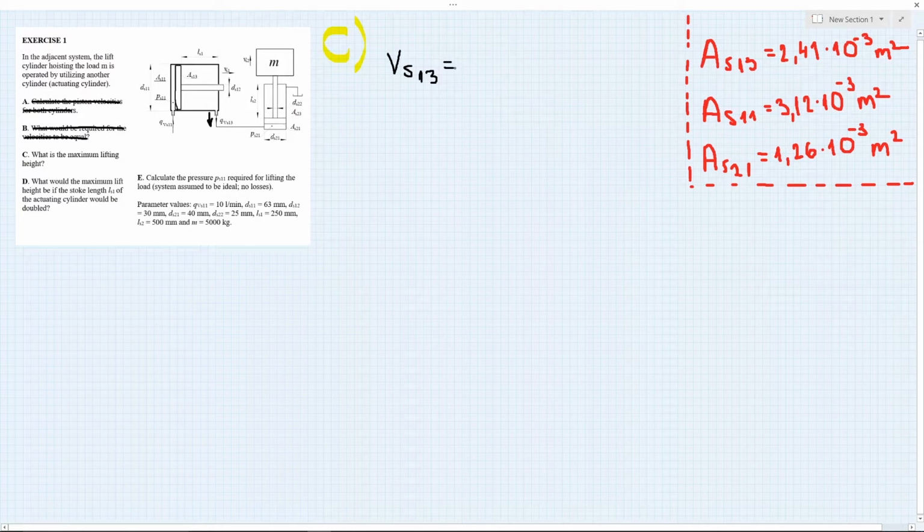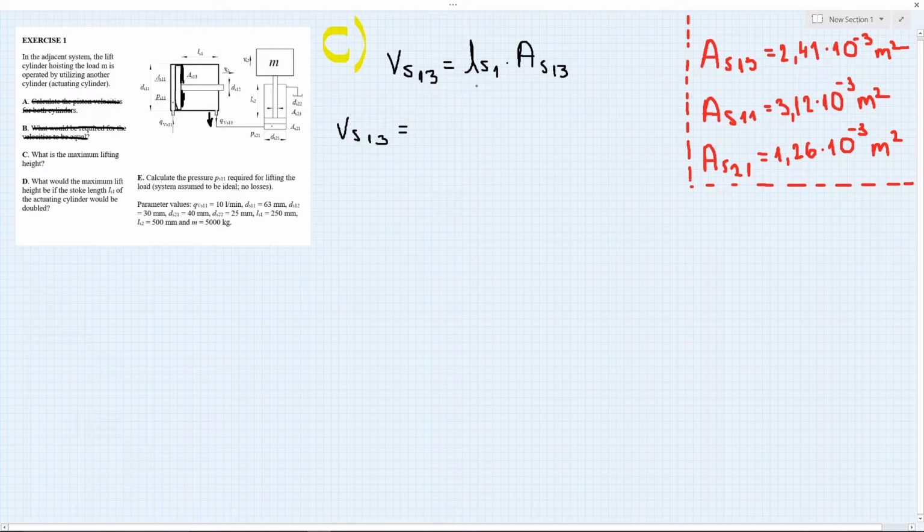It's going to be equal to the length of the stroke of cylinder 1 times the surface area of the back of the piston, the ring side, and that is AS13. Here we have the areas that we calculated before, and I strongly suggest you take out your calculators and calculate this with me.